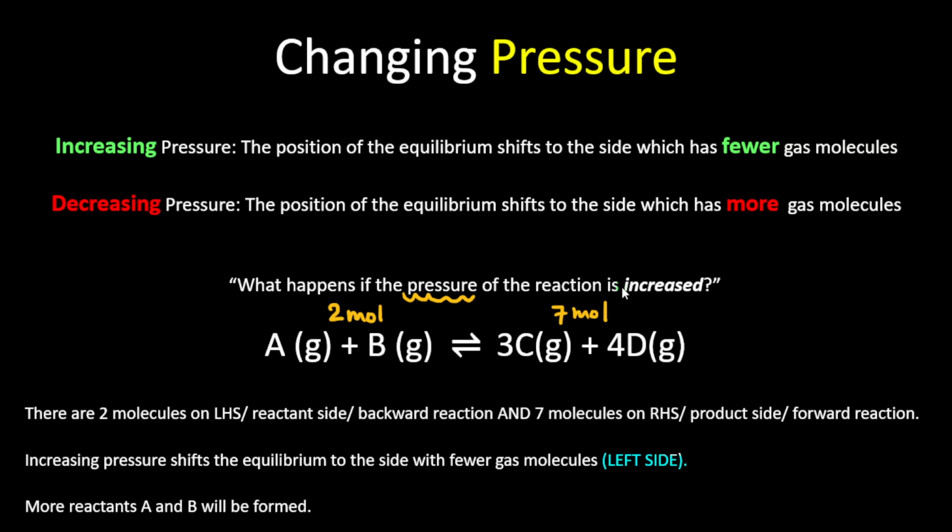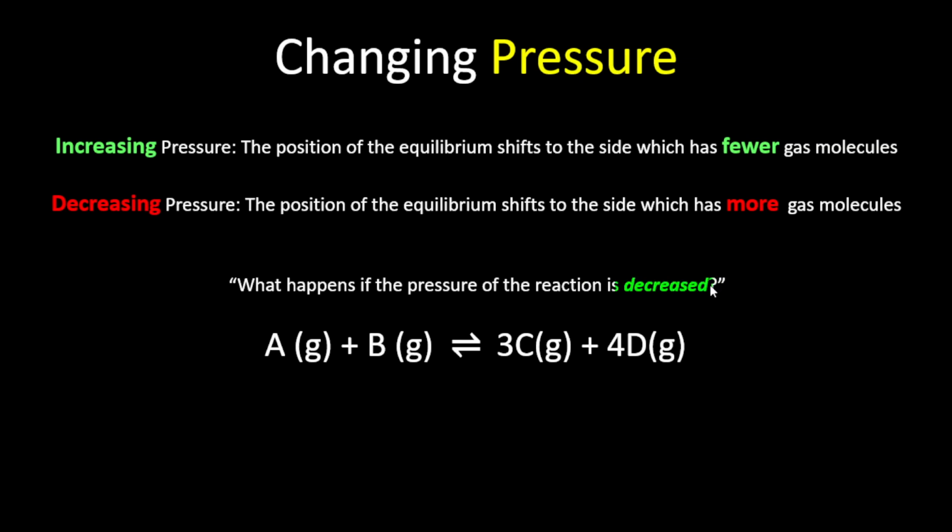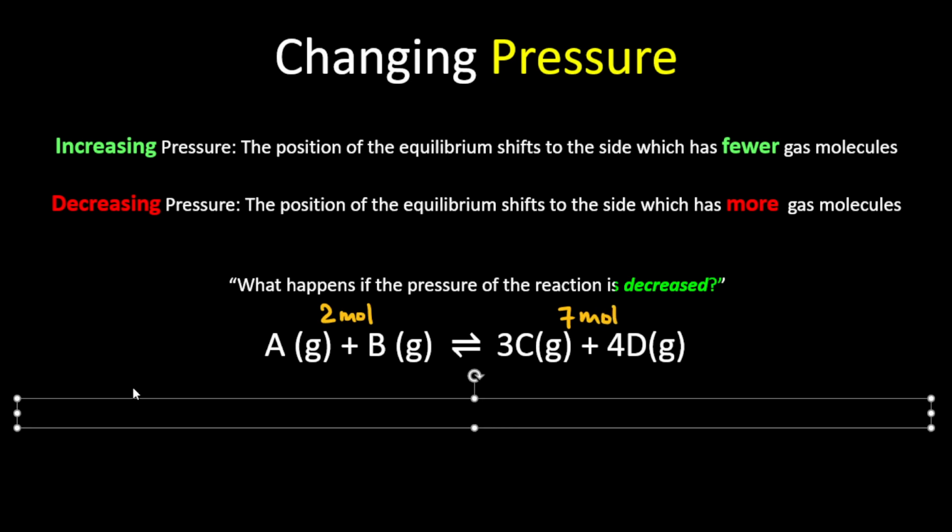For the same question, let's try the decrease. If the pressure is decreased, what happens? Again, this is the same problem. I have 2 molecules on the left hand side and 7 molecules on the right hand side.